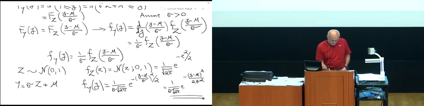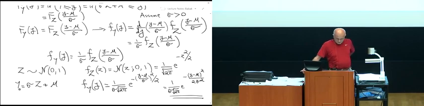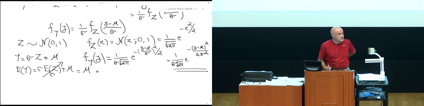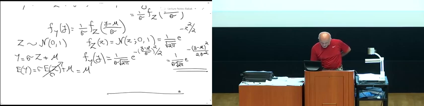Why? Well, if Z has 0 mean, what's the mean for Y? Z has 0 mean, so what's the mean for Y? You don't even need the PDF to determine that. What's the mean for Y? It's mu, because we just said the expected value is linear, and this is 0. So the mean is mu. So you're looking at a Gaussian that's centered at mu.